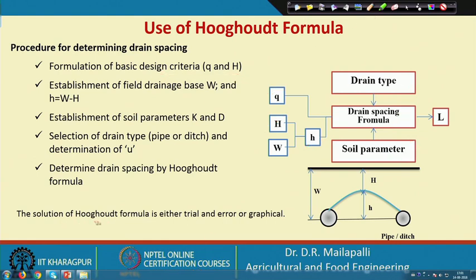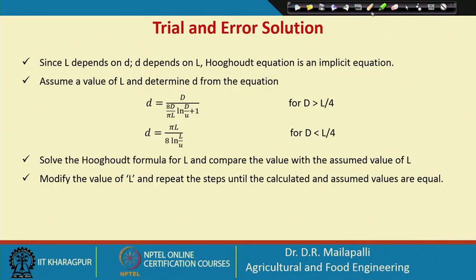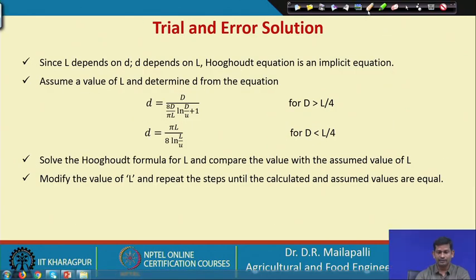The solution of the Hooghoudt formula is either by trial and error or by graphical solution. We are going to see how both can be done. Here, in the trial and error method, since L depends on small d and D depends on capital L, the Hooghoudt equation is an implicit equation.